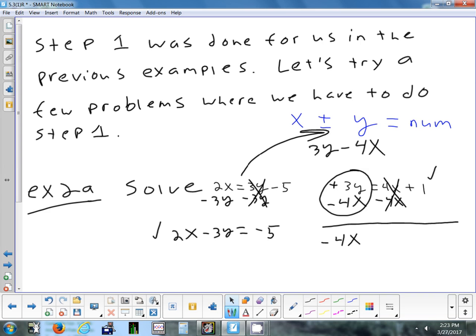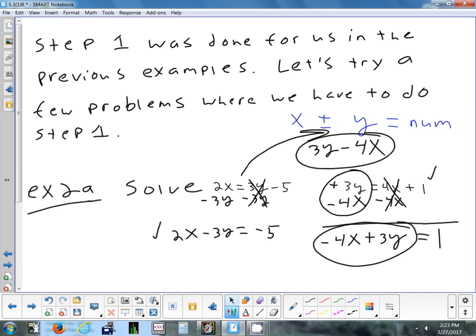So what would go right after the negative 4x? Plus 3y. There you go. Yep. This and that are exactly the same thing. It's just we want it with the x first, like y equals mx plus b, right? We want it in a certain order. It's the same thing here, alphabetical order. And then what's still on the other side? 1.